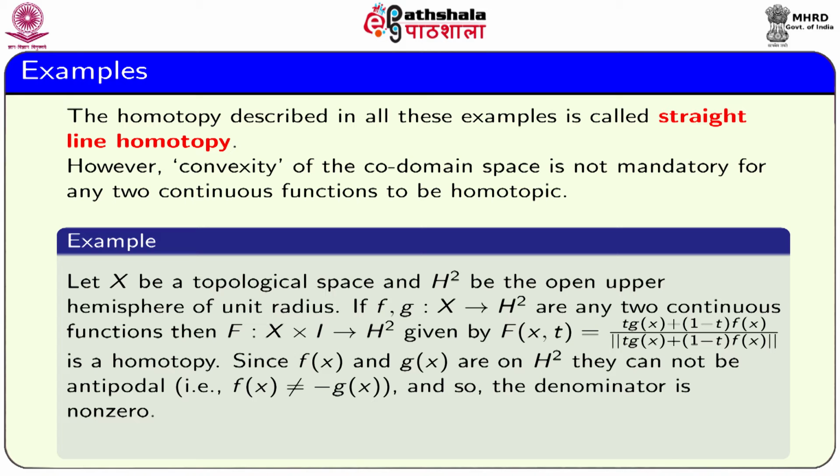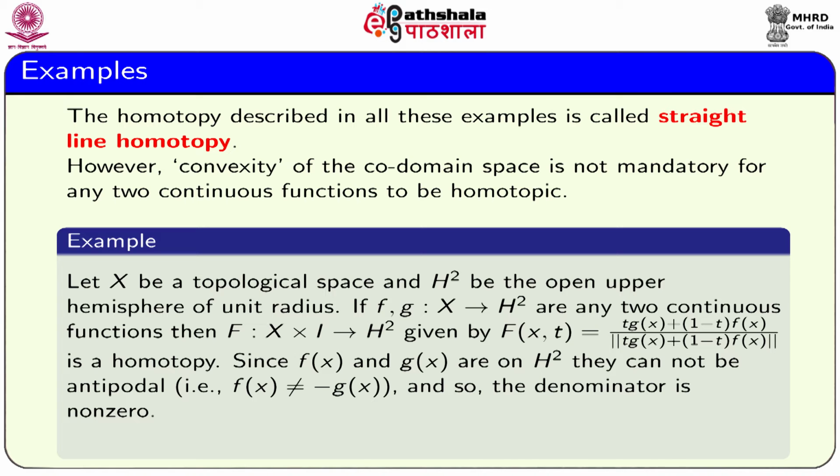If we start with a topological space X, we take an open upper hemisphere H2 of unit radius. We take two continuous functions f and g from X to H2 and define capital F by the formula F(x,t) is equal to (t g(x) + (1 minus t) f(x)) divided by the norm of (t g(x) + (1 minus t) f(x)).